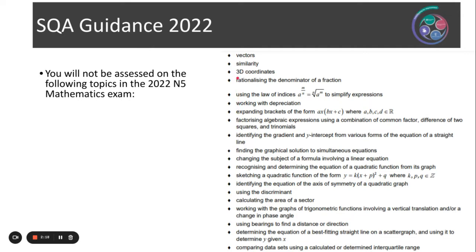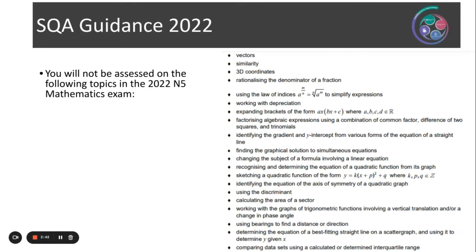Starting at point number 4, the SQA have told us that they will not be assessing rationalising the denominator of a fraction, using the law of indices, a to the power of m over n, so fractional indices, and rewriting that in surd form to simplify expressions.